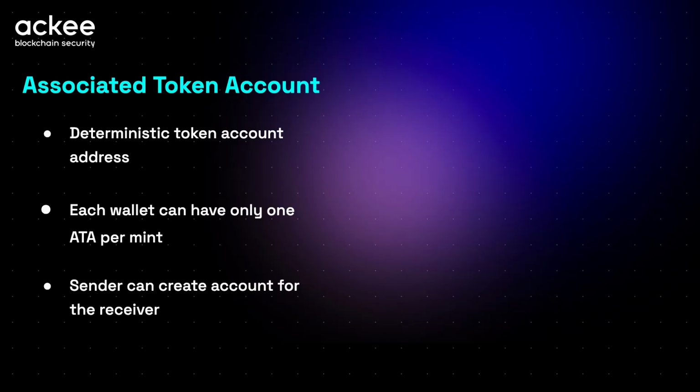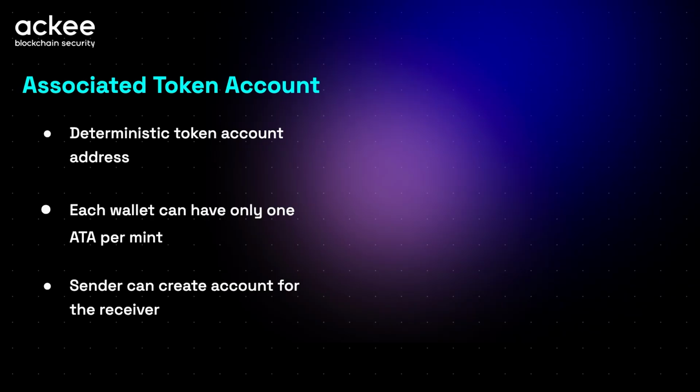An associated token account is a regular token account, but it has an address that can be derived deterministically. The address is derived from the address of the mint and the address of the wallet. Because of this, each wallet can have only one associated token account per mint. Good thing about associated token accounts is that the sender can create the account for the recipient.